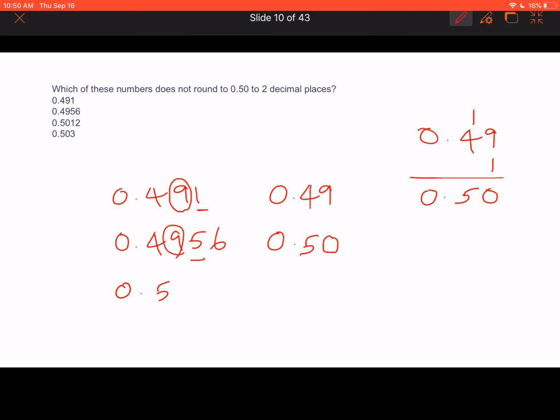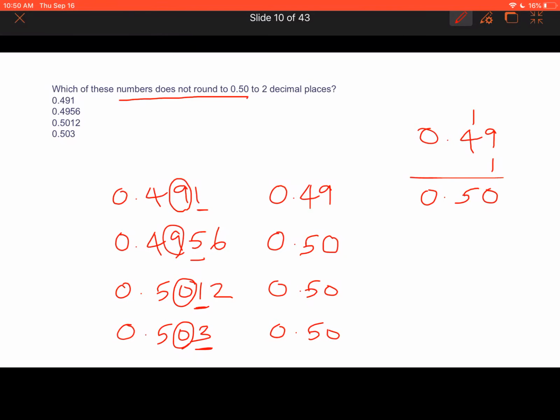Next is 0.502. I'm rounding to the second decimal place, the value is lesser, so it's going to be 0.50. In the last one I check this value, it is lesser, so it's 0.50. The question is which of these numbers does not round to 0.50, so the first one is the option which doesn't get rounded to 0.50 to two decimal places.